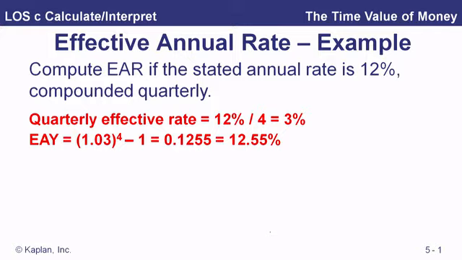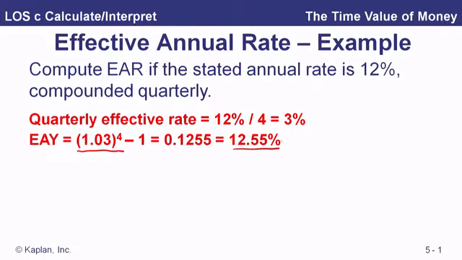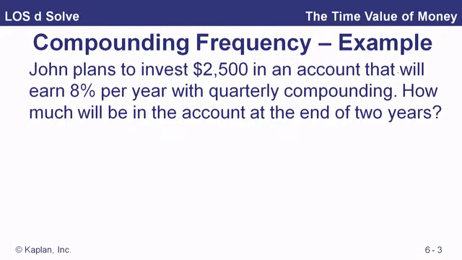So our effective annual return or effective annual yield is just 1 plus 3% to the 4th power minus 1, and that's 12.55%. Again, because the compounding is more frequent than annual, our effective annual rate is greater than our stated annual rate.